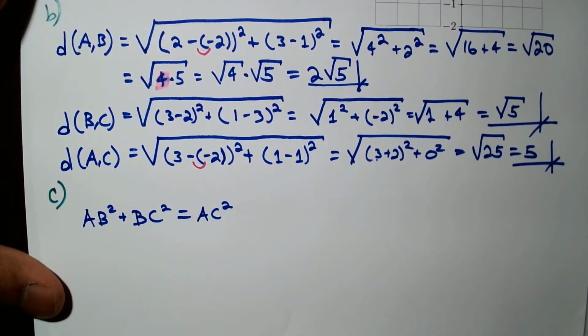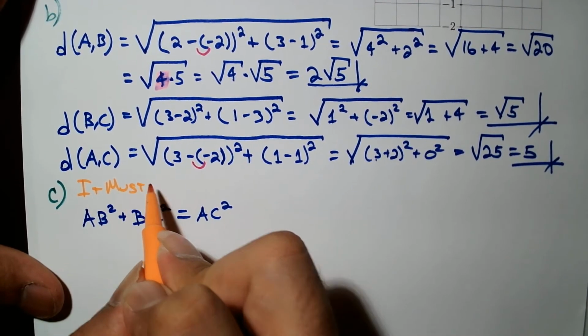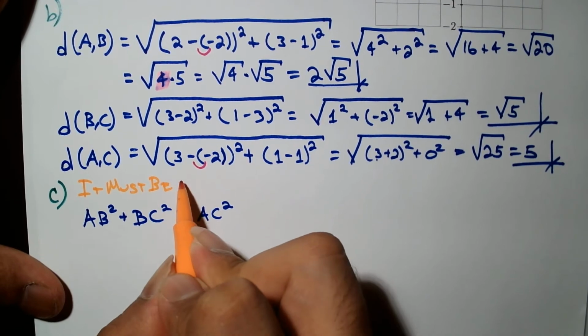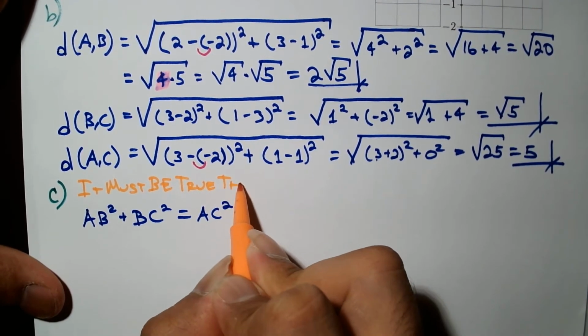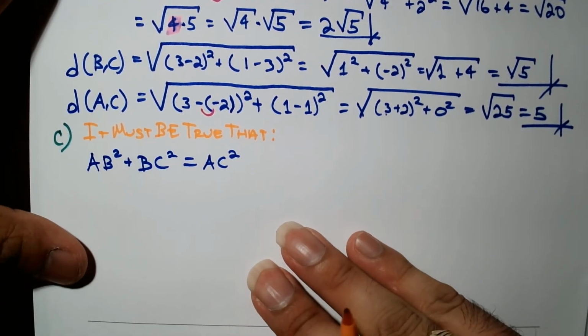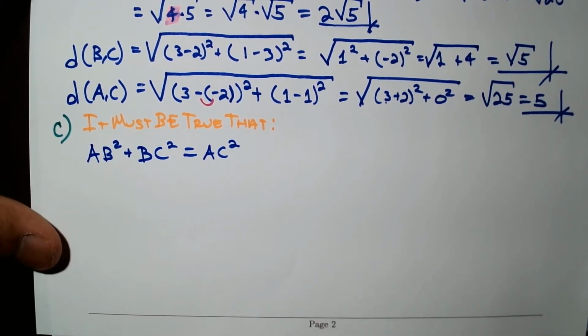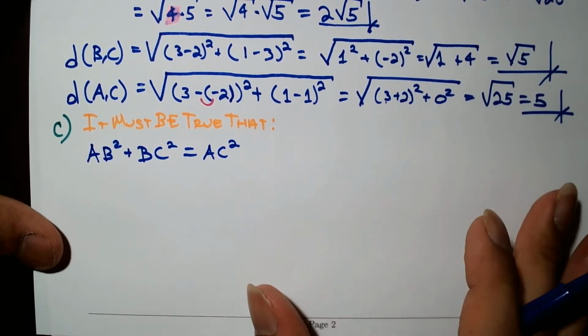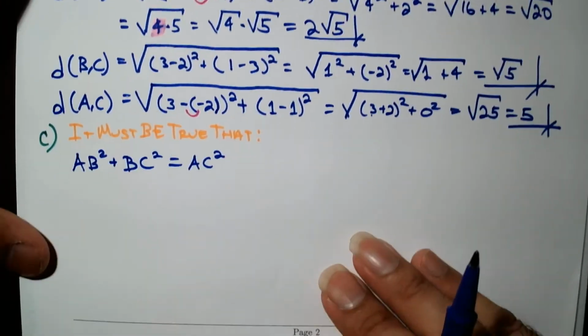So let me use a different color to write that. It must be true that this condition is met. So what is the length of the side AB? From the picture, we know that it is 2 times the square root of 5.